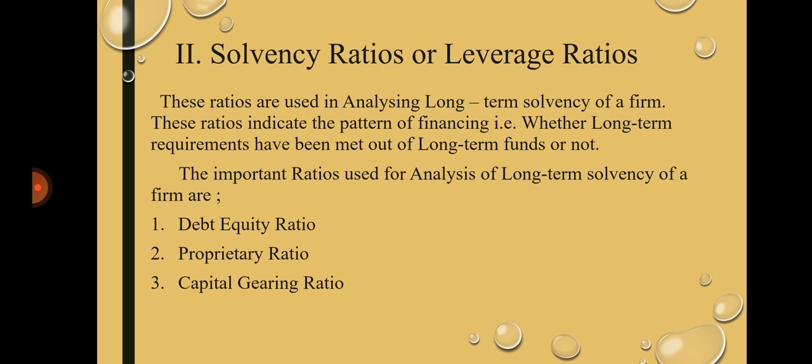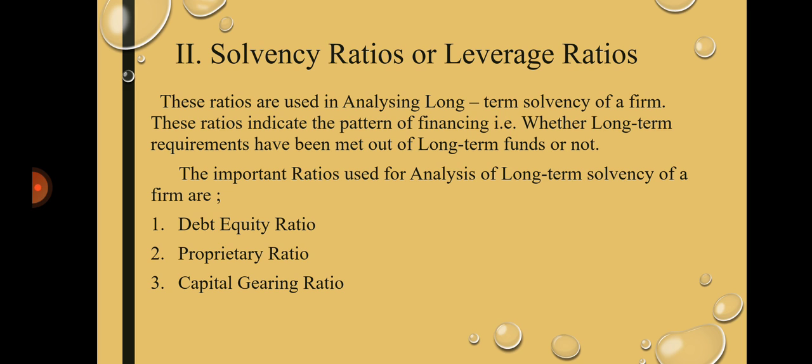That is, how well the firm is able to repay their long-term liabilities can be found out with the help of solvency ratios. And also, these ratios indicate the pattern of financing, that is, whether long-term requirements have been met out of long-term funds or not.